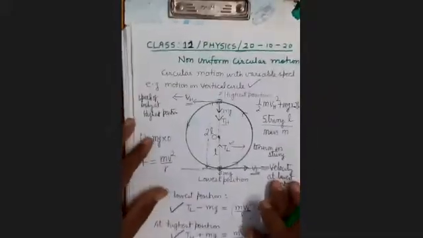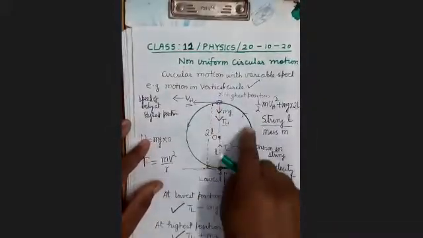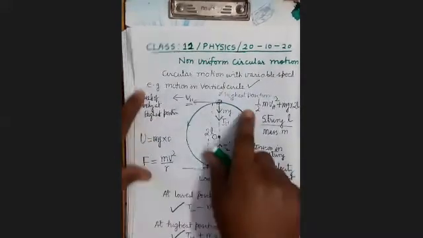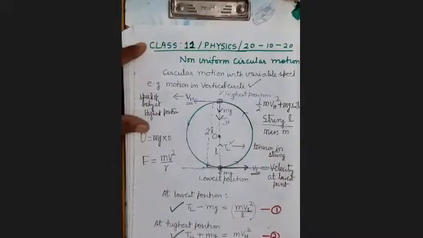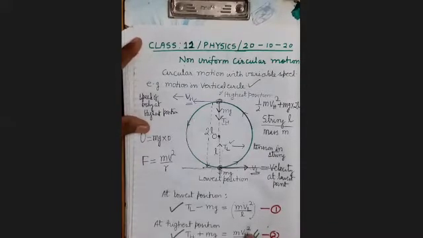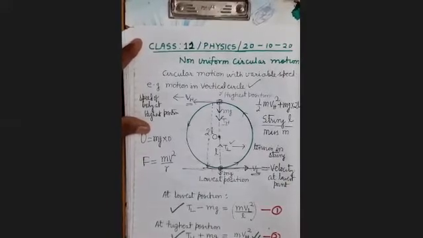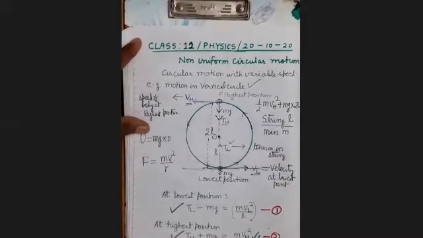Now see here. If you keep on decreasing the speed, then what will happen? The requirement of CF at the highest point will also decrease.